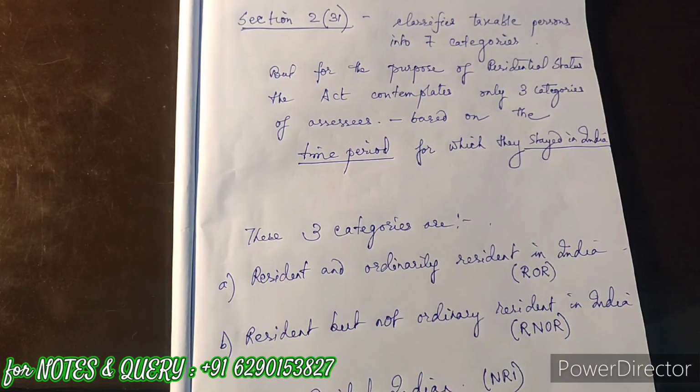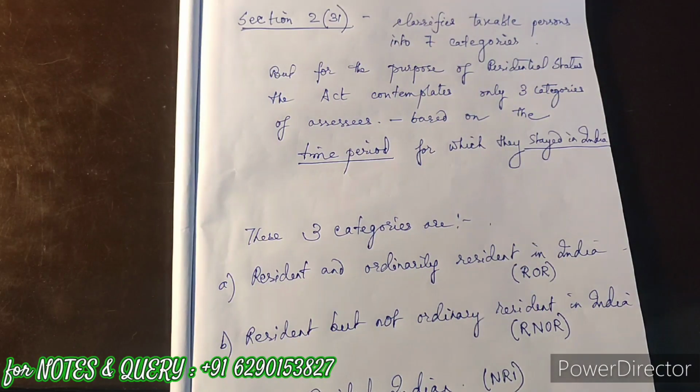Okay, so here are the three categories of the residential status on the basis of their period of stay in India. The three categories are resident and ordinary resident in India, that is ROR, resident but not ordinary resident in India, that is RNOR, and non-resident Indian, that is NRI.